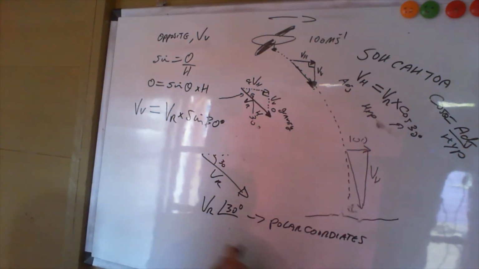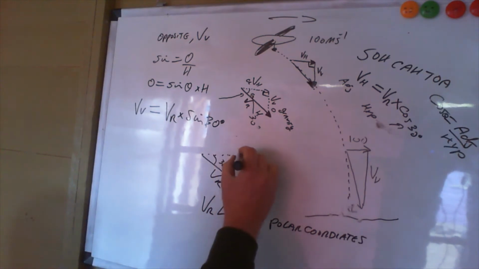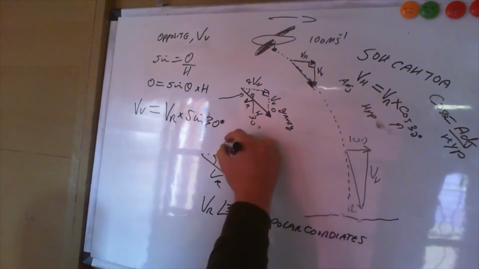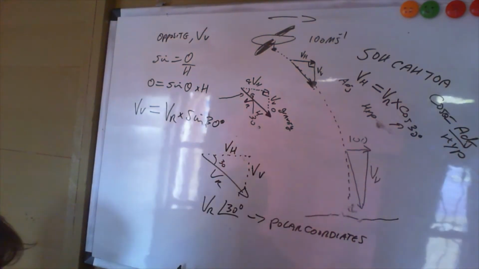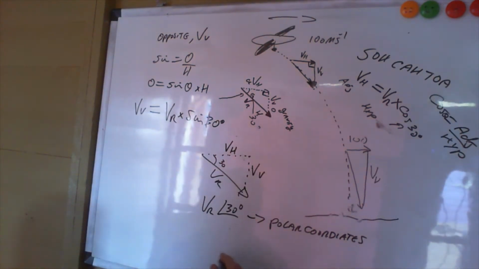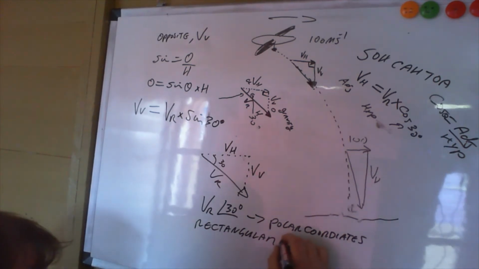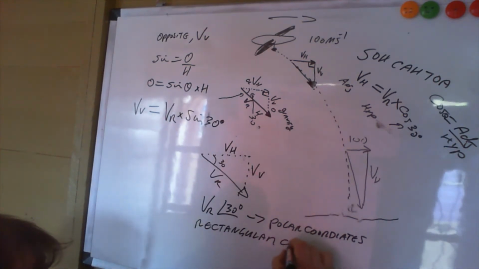And when you resolve it into your components, VV and VH, these are called rectangular components or coordinates.